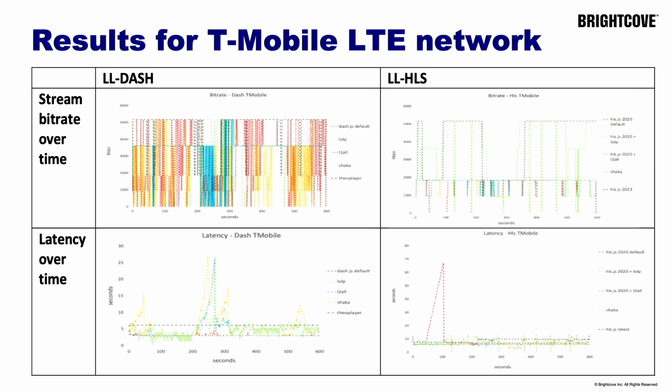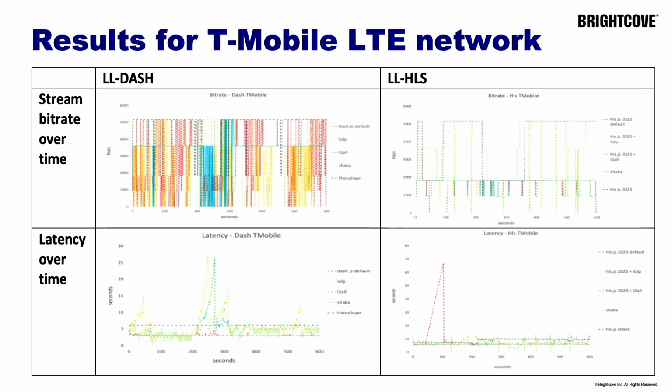But if we look at the top right corner, the low latency HLS players, things are different. The low latency HLS players switch bitrate less frequently than the low latency DASH players.